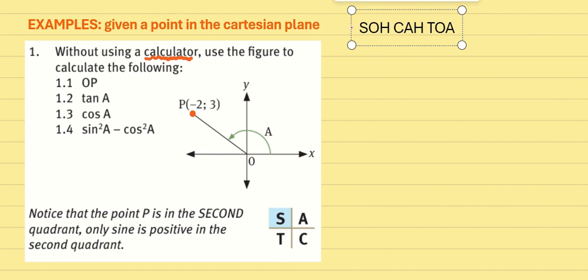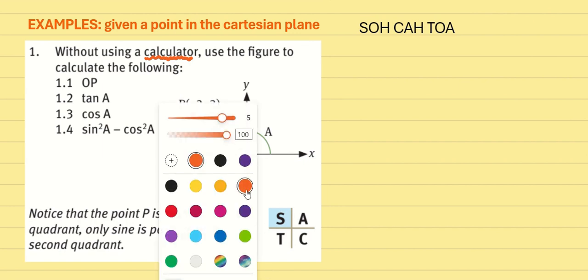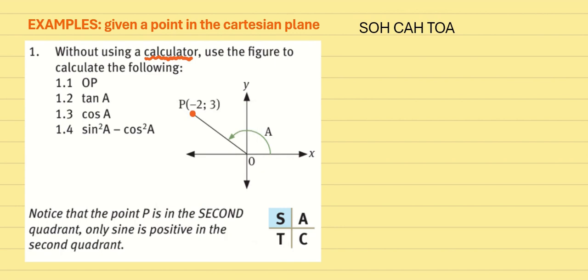Fine. So now we have of course the point in our quadrant number 2, okay? And as you see this Cartesian plane, your first move or your first instinct should be to go ahead and fill in the All Stations to Cape Town, okay?